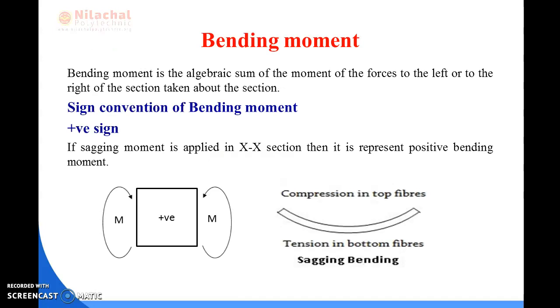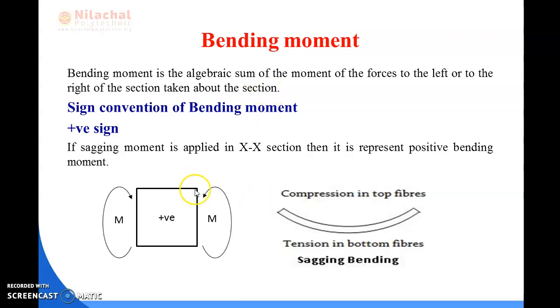Now we come to the bending moment. What do you mean by bending moment? You know that a normal moment is equal to force into distance. We already studied this in chapter 1. The bending moment looks similar to the moment. Bending moment is the algebraic sum of the moments of the forces to the left or to the right of the section, taken about the section.